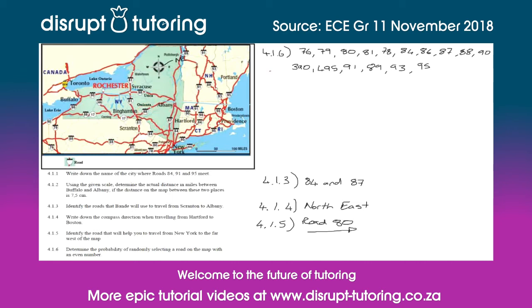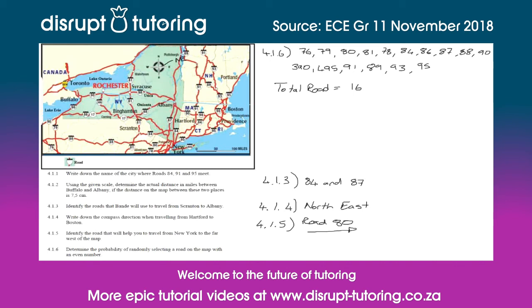So if we count, there are a total of 1, 2, 3, 4, 5, 6, 7, 8, 9, 10, 11, 12, 13, 14, 15, 16 total roads. You can see that none of them have been repeated and that we've written all of them. So the total roads is equal to 16.